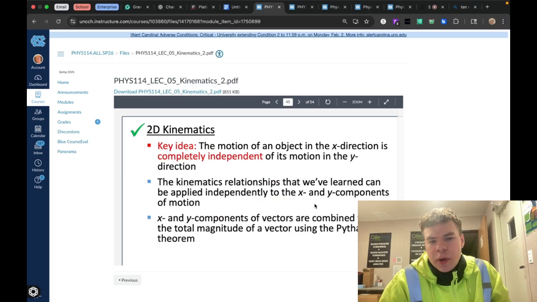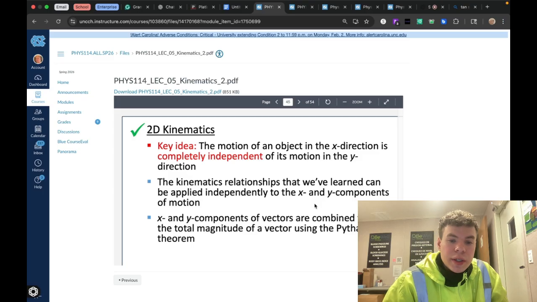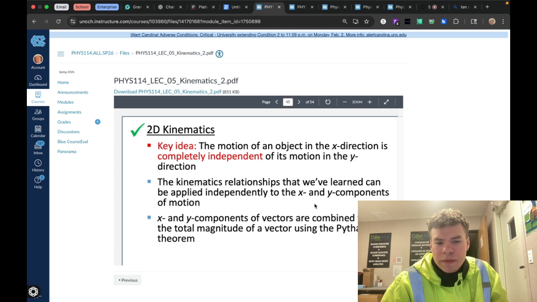Key idea: the motion of an object in the x direction is completely independent of its motion in the y direction. The kinematics relationships that we've learned can be applied independently to the x and y components of motion. X and y components of vectors are combined to find the total magnitude of a vector using the Pythagorean theorem.